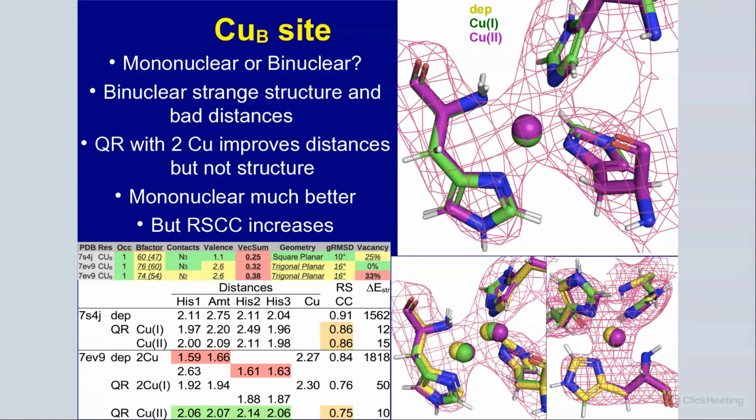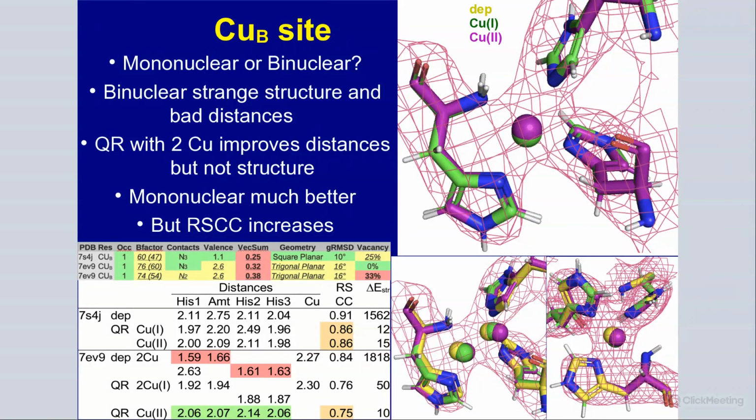So the kappa B sites, which we looked at before, and the funny thing is that the Chan group, again, models it as a binuclear site, whereas Rosenzweig models it as a mononuclear site. And if we start with the mononuclear site in Rosenzweig's structure, not very much happens. The distances change a bit, and we get a slightly lower correlation coefficient and much improved strain energy.